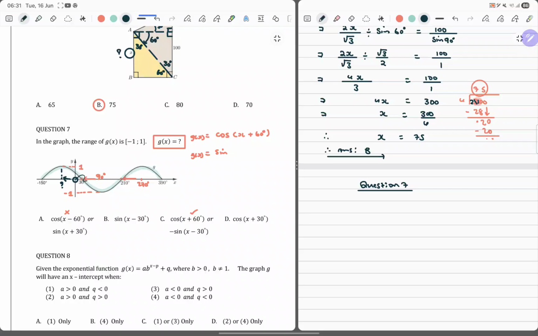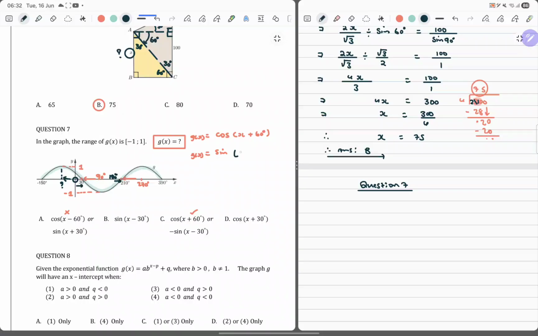A sine graph should start at 0 as an x-intercept. Now this has gone 30 degrees to the right. That's the first thing. And this was meant to be at 180 degrees, wherever this is. But now this has shifted some degrees to the right. From 180 to 210, that's 30 degrees. So we can already see that this is shifting 30 degrees to the right.